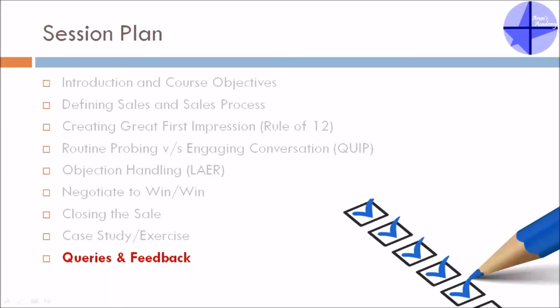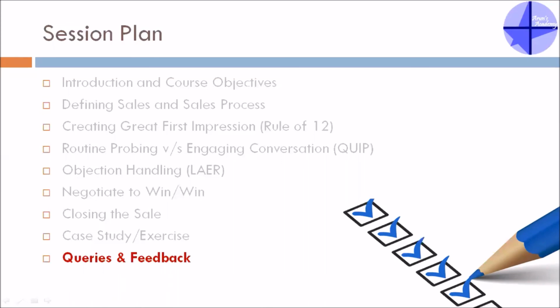We started with introduction to the course and key objectives. Then we moved on to defining sales and sales process, and also understood the difference between selling and marketing. We understood the rule of 12 to create a great first impression. We understood the difference between probing and an engaging conversation. Also, we looked into a technique called QUIP for engaging conversations.